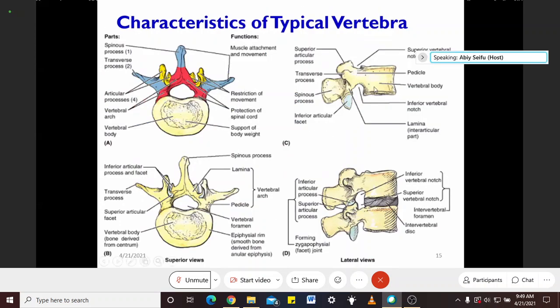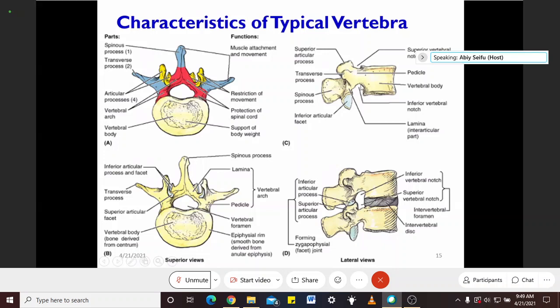You see, this one is the lateral view of the vertebra. This one is an indentation, the superior vertebral notch. This is just an indentation on the pedicle. This indentation is formed anteriorly by the vertebral body, whereas posteriorly it is formed by the superior articular process.